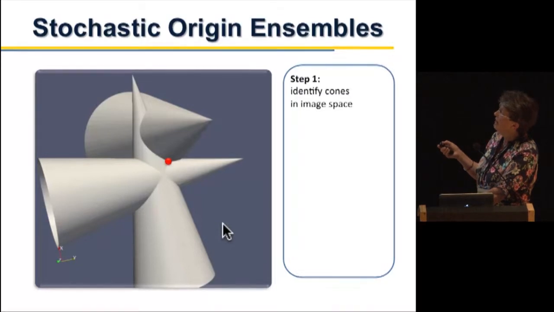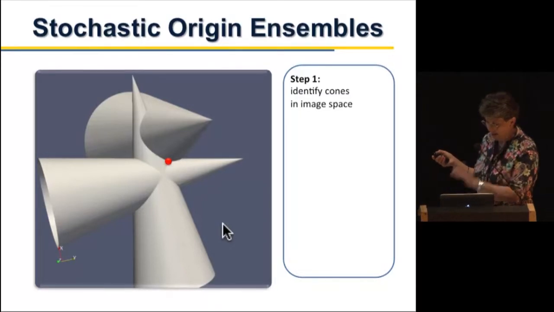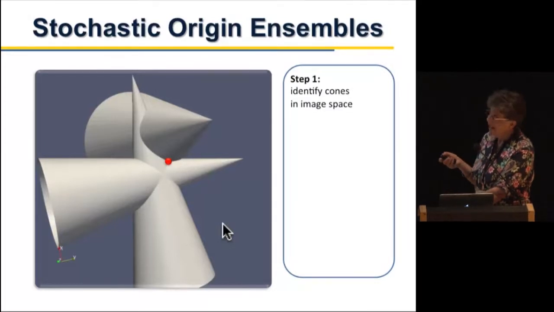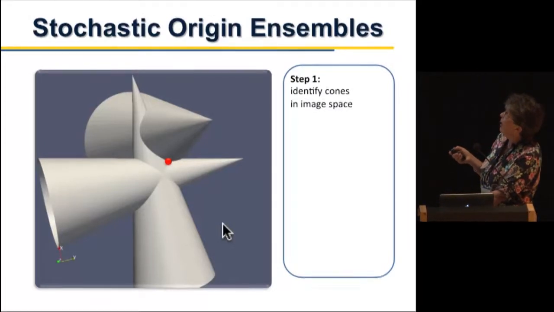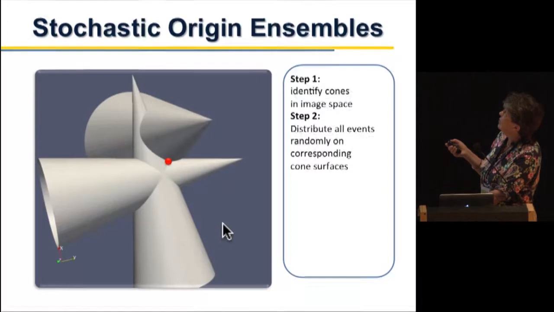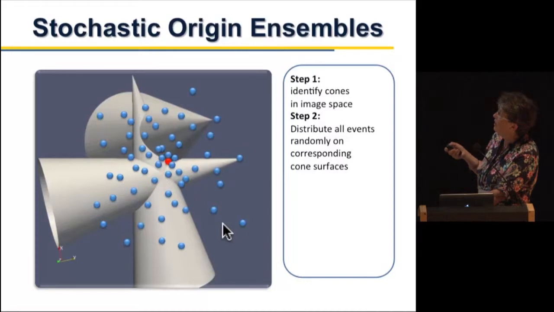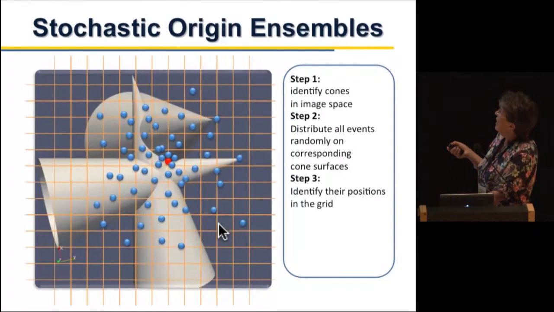And in this case, these 3 cones create an intersection of one event. So in this new method, the first step is to identify cones. Then you distribute all events randomly on the corresponding cones. For every cone, there is a possibility of distributing. I'm not plotting many cones, but those will be many events. And then you identify their positions on the grid.